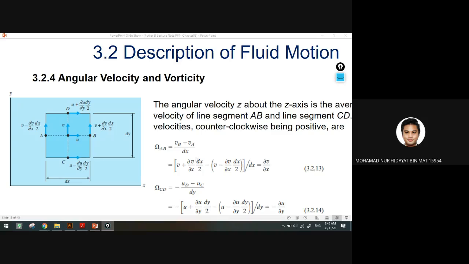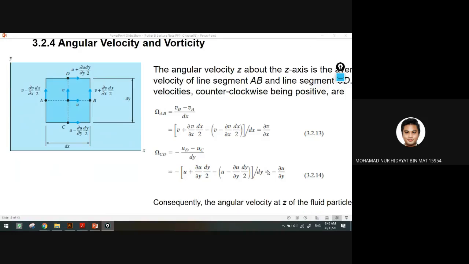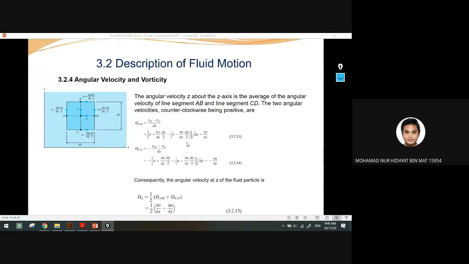Finally you simplify the mathematical expression and you get the partial derivative of v over partial derivative of x. So this is A to B. Remember we have two perpendicular lines, whereas this is CD, C to D. Why is it suddenly negative? You must be wondering, right?